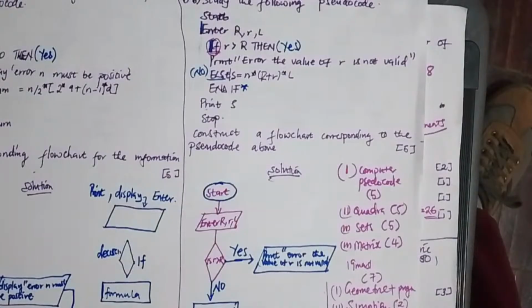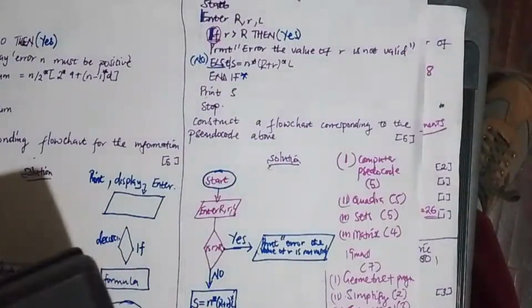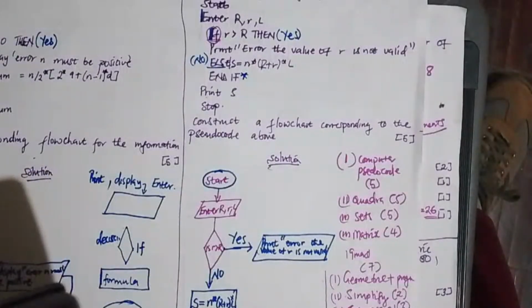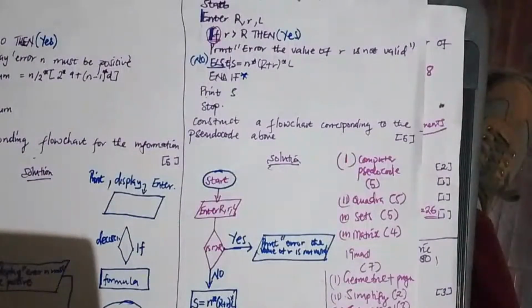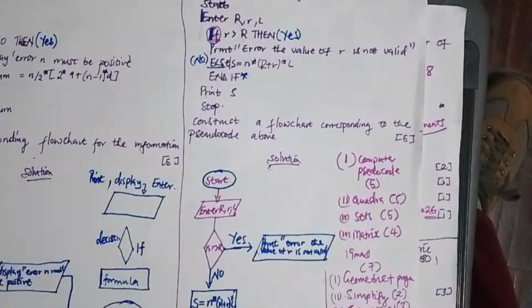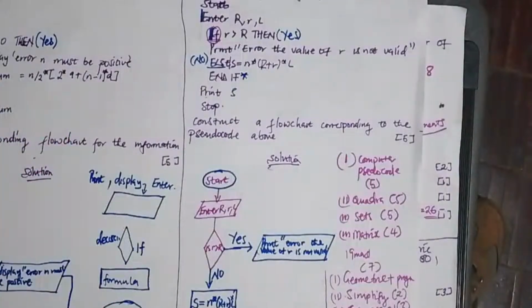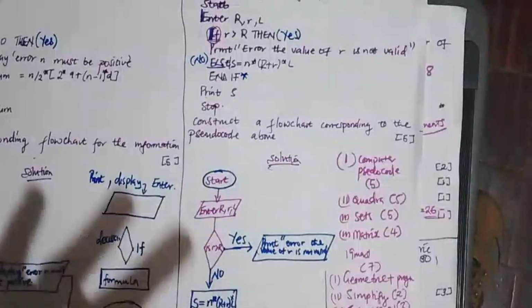And probability carries 5. So altogether you have 7 plus 5 plus 5, 17, plus the 19 you have covered. You have 36 marks. So you can score 36 marks easily.